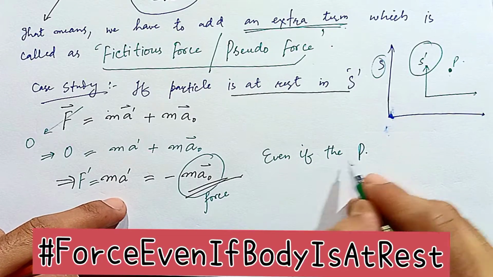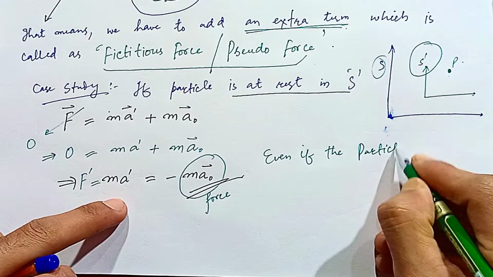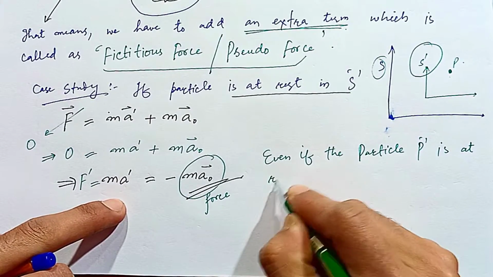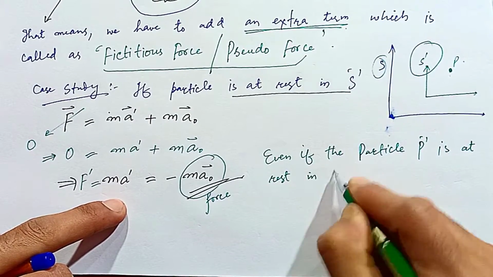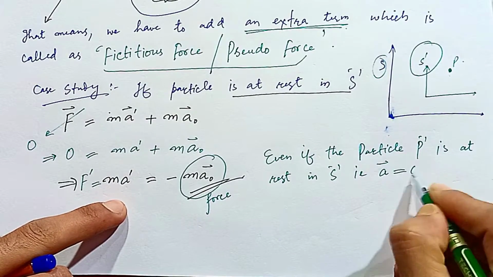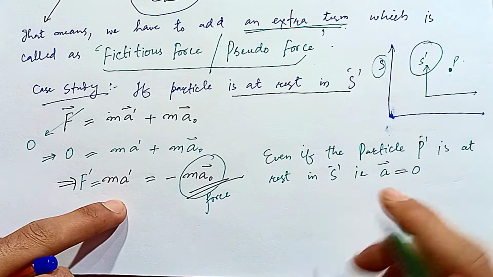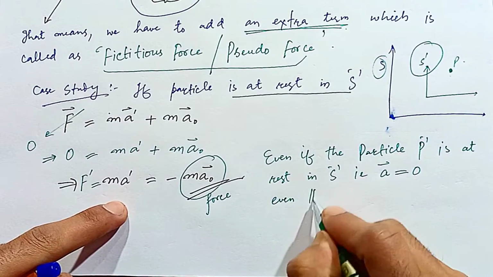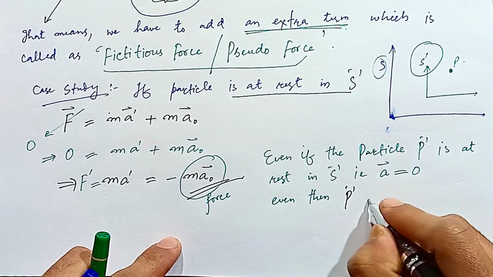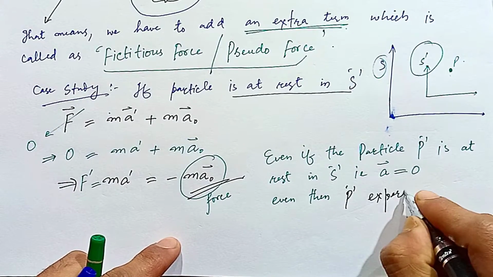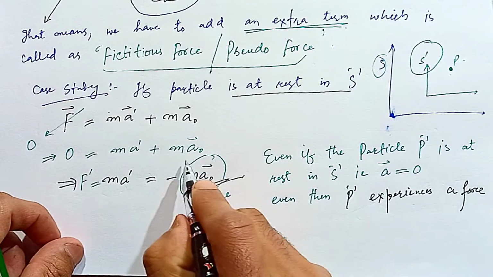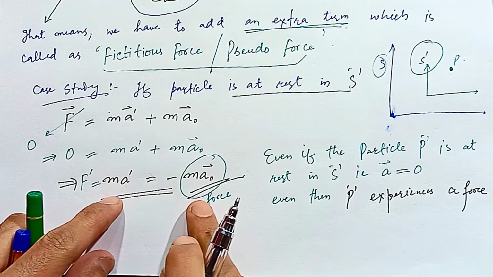That means even if the particle P is at rest in frame of reference S, that is, the acceleration is 0 inside the frame of reference S, even then the particle P experiences a force, this very force.